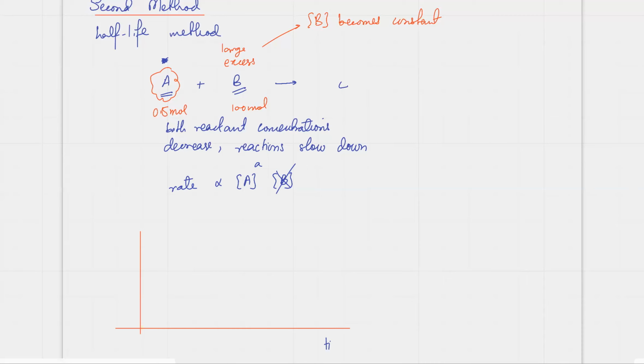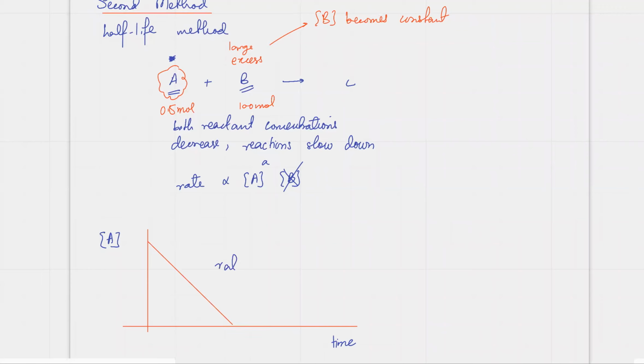On one axis there is time, and on the other axis there is A's concentration. Now, as the reaction happens, if it's a 0 order reaction, the graph would look like this.